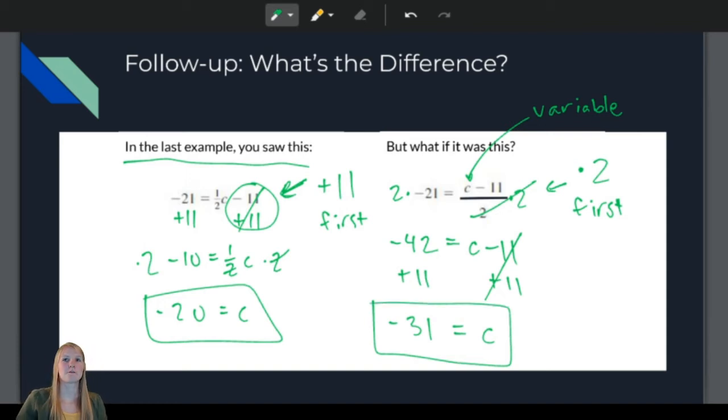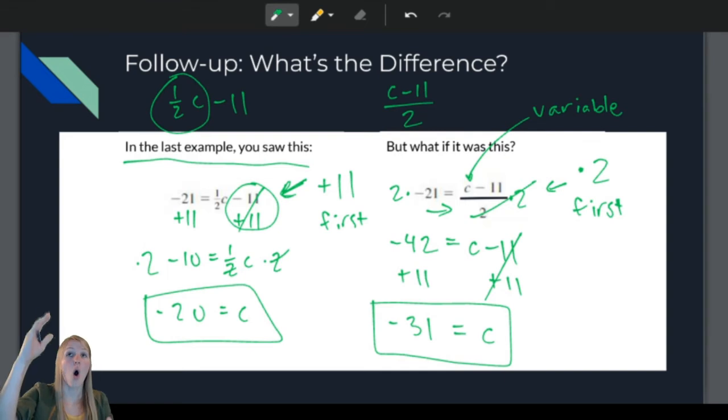So see if that fraction is over the entire side of the equation. So here we just had 1/2 c minus 11. Here the fraction is just with the variable. But over here we had c minus 11 all over 2. So if everything is over 2, you're going to multiply first. But if only one thing is over 2, you're going to add first.